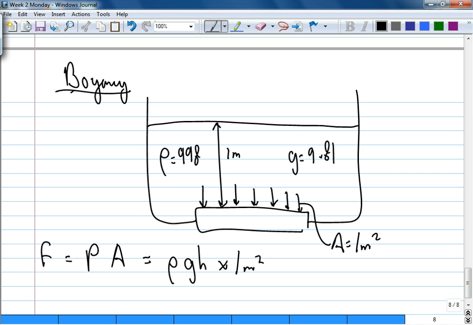Then some smart fellow says, hey, hang on, I've got atmosphere. So it should be P atmosphere plus rho GH times 1. Correct or not? So far okay or not? Then the next guy will come along and say, how about the pressure on this side?